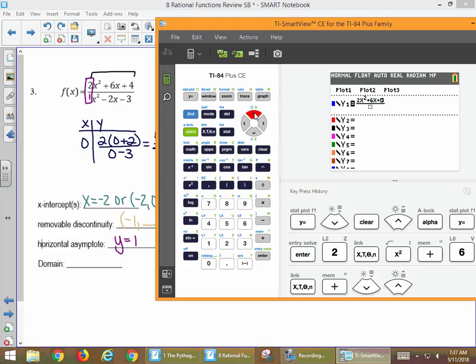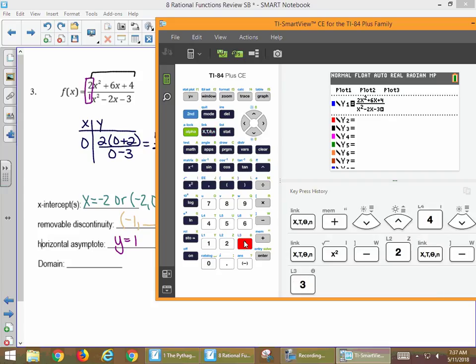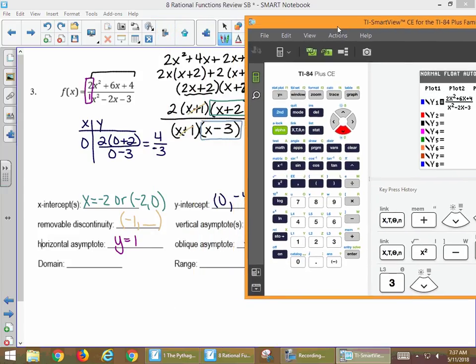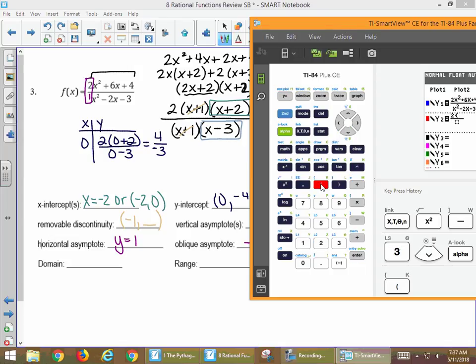Oops, I missed that 4 there. And then the denominator, x squared minus 2x minus 3. And then my reduced fraction is this right here, 2 times x plus 2 in the numerator and x minus 3 in the denominator.